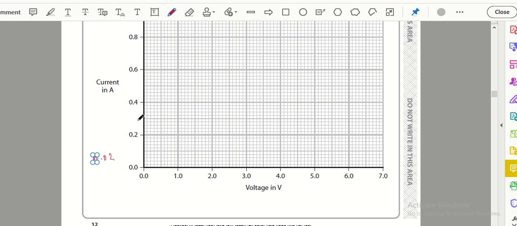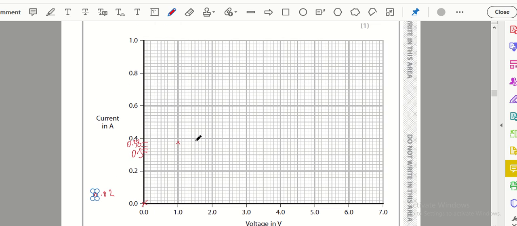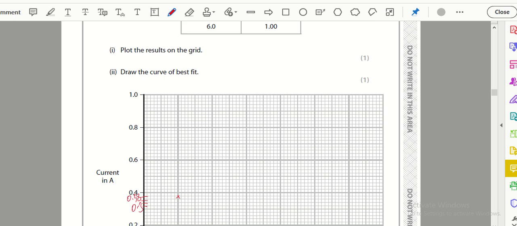So here is 0.3 and 1, 2, 3, 4. Here is 0.38. So here's our second point, because the first one is 0, 0. We can follow the same way to plot the other points.